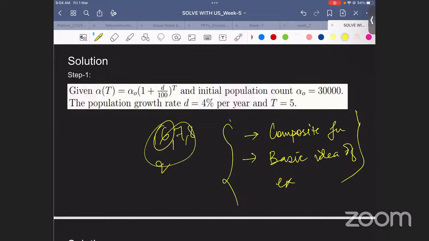Hopefully it'll be clear after maybe next week. These concepts will come again with limits, continuity and differentiability. So hopefully it will be clarified if somebody has a doubt in the upcoming weeks.